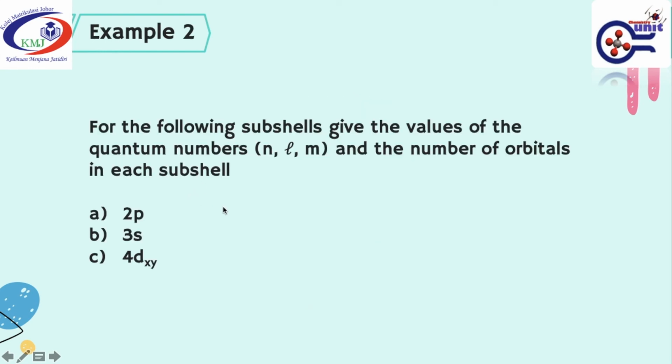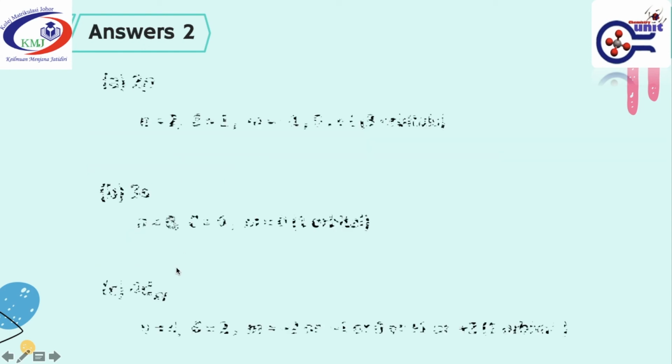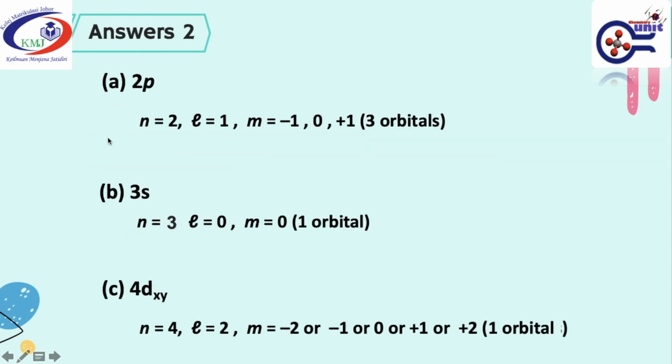Example 2. For the following subshells, give the values of the quantum numbers n, l, m, and the number of orbitals in each subshell for 2p, 3s, and 4dxy. For 2p, the value of n is equal to 2. The value of L is equal to 1 because it is p orbital.